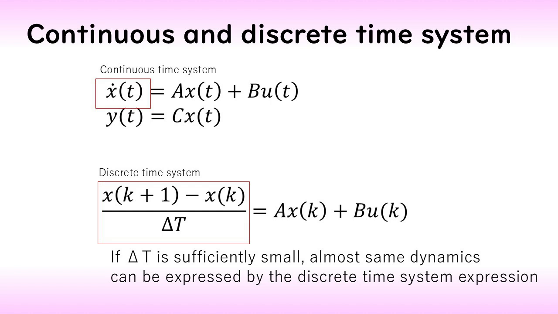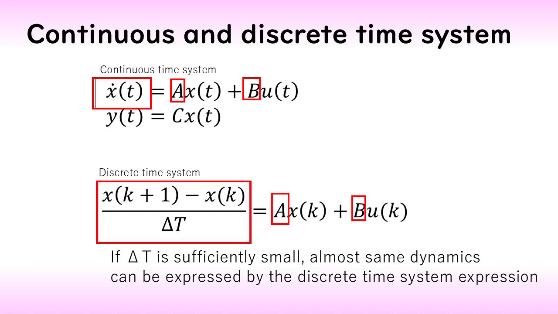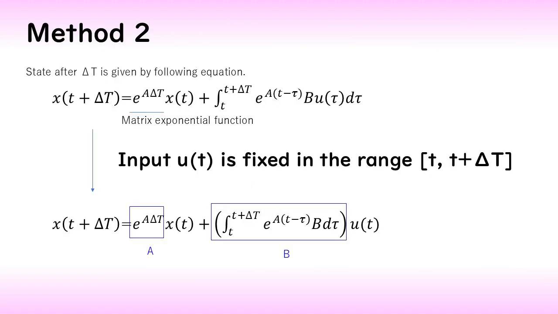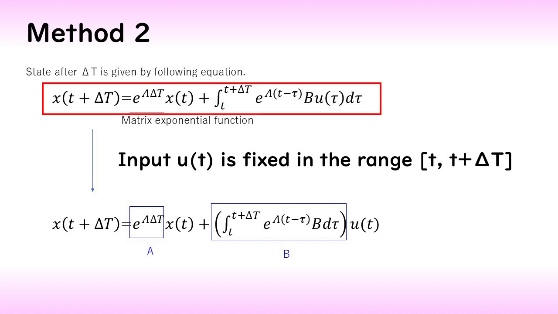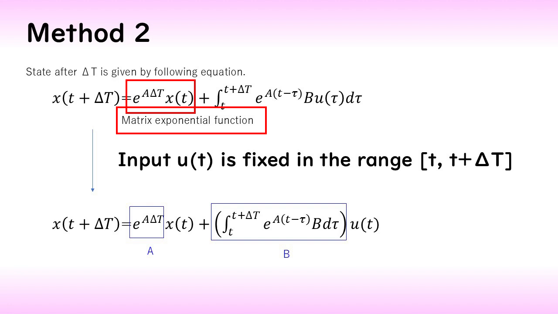If delta t is sufficiently small, almost the same dynamics can be expressed by the discrete time system expression, like this. Solution by state space model is given by this equation, and the state after delta t is given by this form, where this part is matrix exponential function.